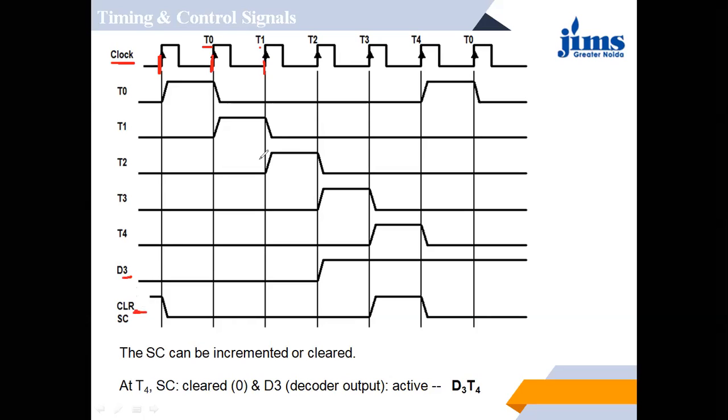Now we will try to find out how the operations are going to be performed between timing signals, or between the clock and the information. See here, this is T3, and over here this is T2.